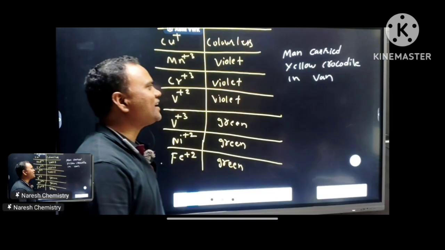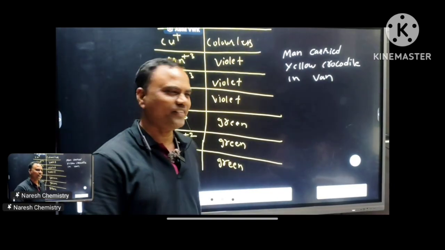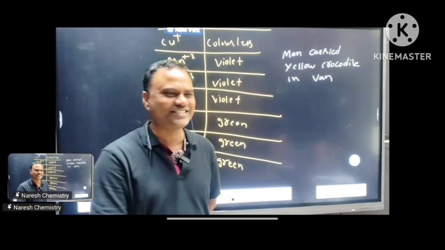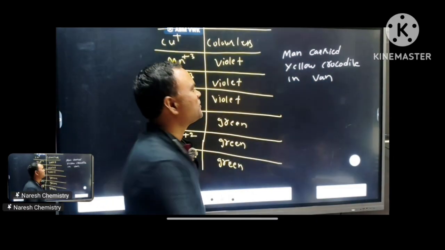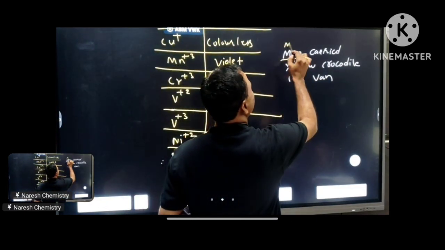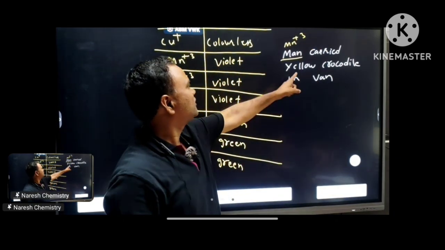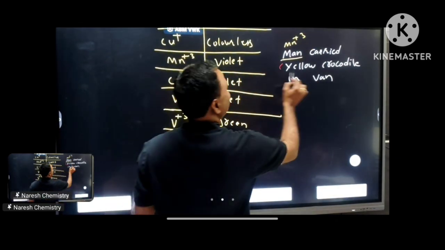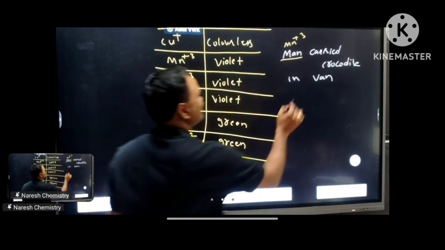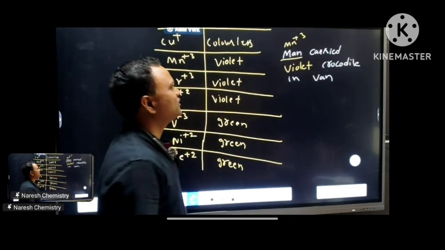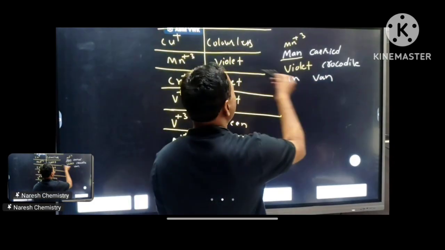Man carried yellow crocodile in van. See, if you read it 10 times, this is very easy. Man stands for Mn plus. Violet color. Instead of writing, I will write violet color. Crocodile. Color is violet, okay.